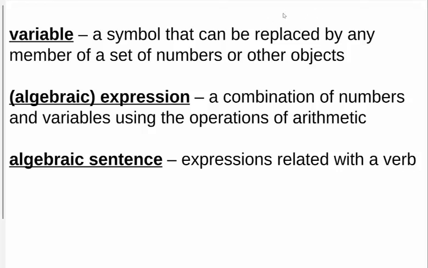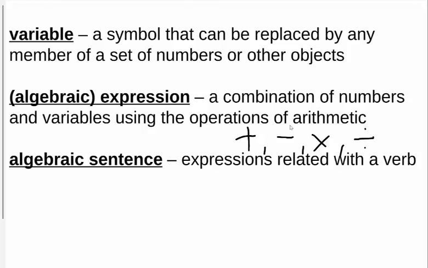Remember the operations of arithmetic in case you've not really heard those words. Some people don't use the word arithmetic anymore. It's just plus, minus, multiply, and divide. That's just arithmetic. And an algebraic sentence is an expression related with a verb.